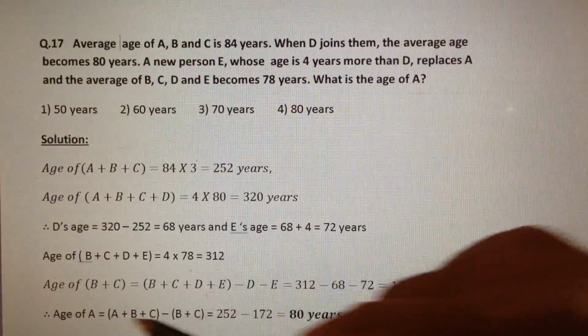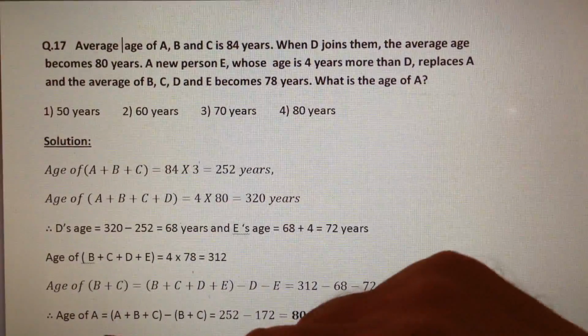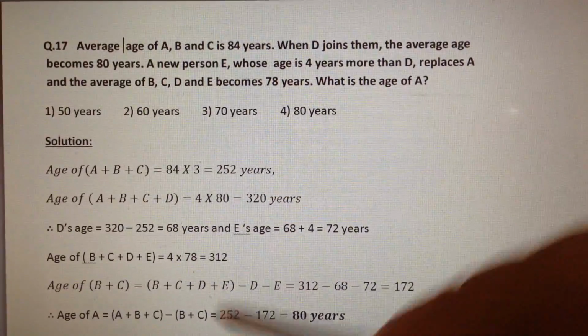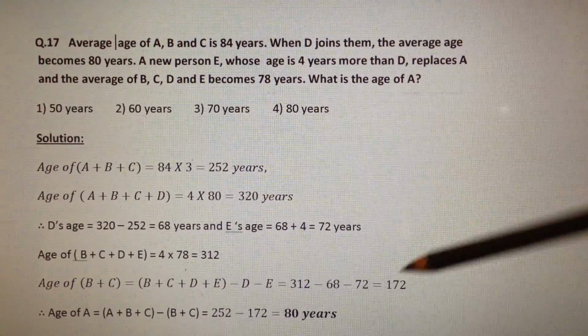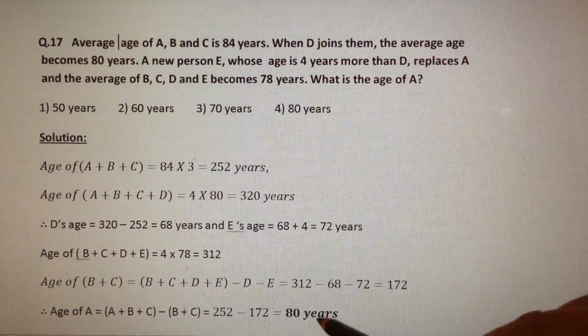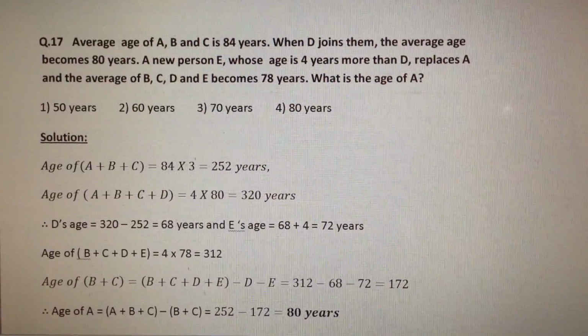So therefore age of B plus C is equal to 172. Therefore age of A is equal to A plus B plus C minus B plus C. That is equal to 252 minus 172, which is equal to 80 years. Therefore our answer is option number 4.